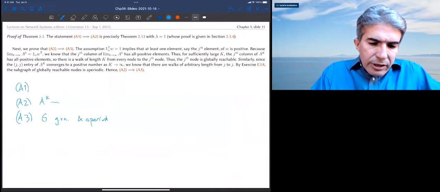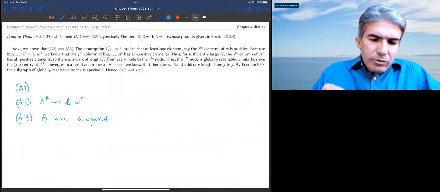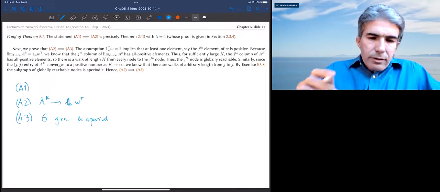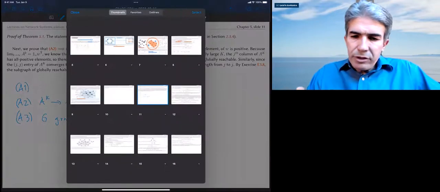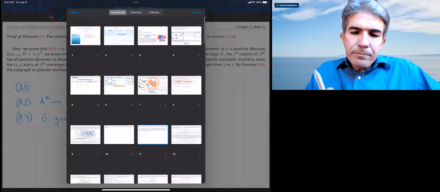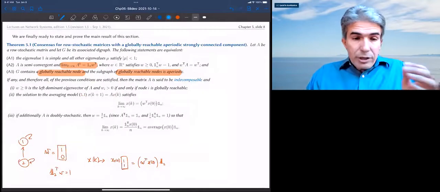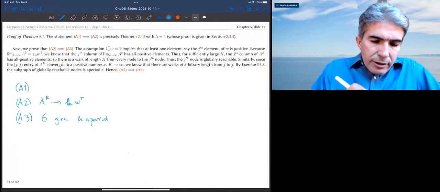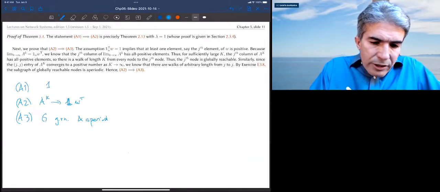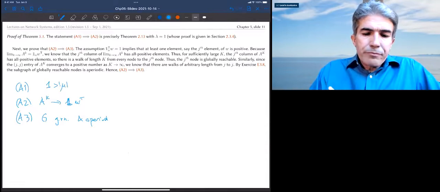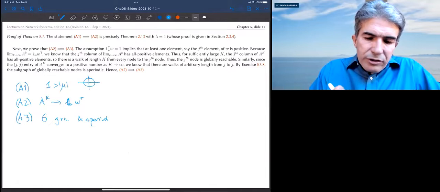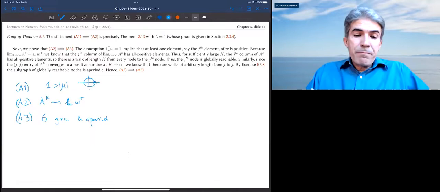A2 is that A to the K converges to 1n W transpose, and A1 is, let me see it again, forgive me, oh yeah, of course, it's the spectral characterization, meaning that 1 is strictly greater than the magnitude of mu. And so the picture here is that the eigenvalue at 1 is strictly dominant and simple.